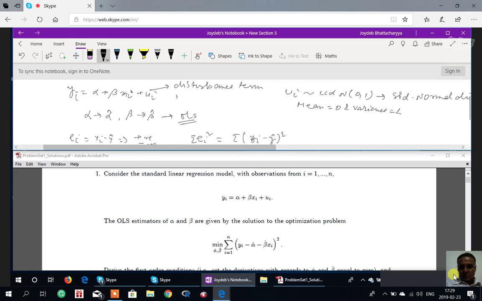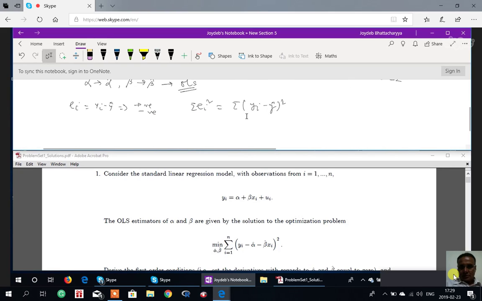If we substitute the value, you get this: the summation of yi observed minus estimated, that is yi minus alpha hat minus beta hat xi, square, with i running from 1 to n.